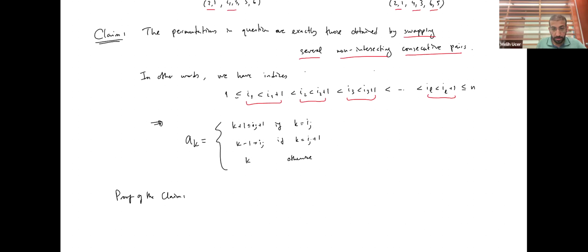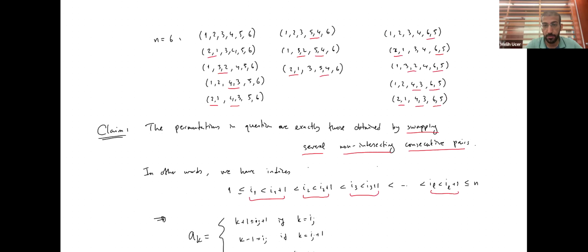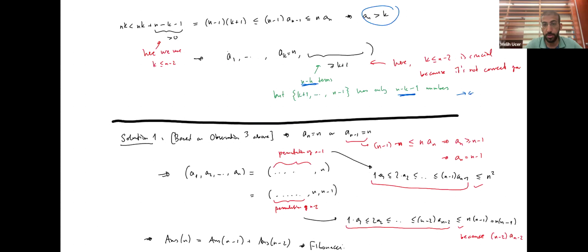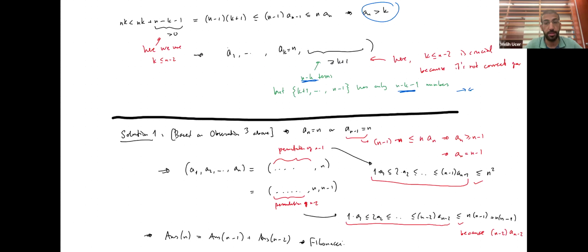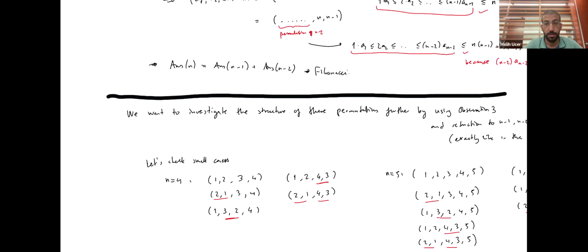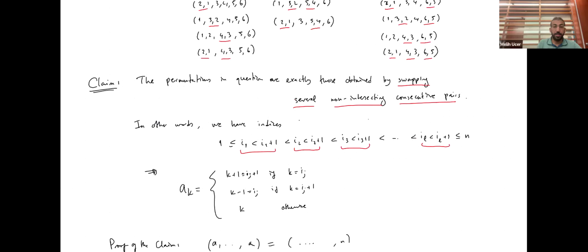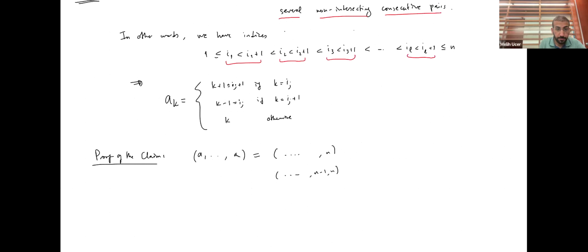Again, based on observation 3, we already know this or this. And here we explained above that this is a permutation of n minus 1, and the only condition on this is exactly our conditions. So we can prove the claim by induction.